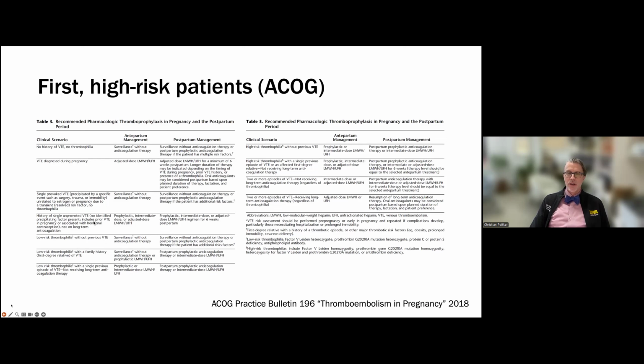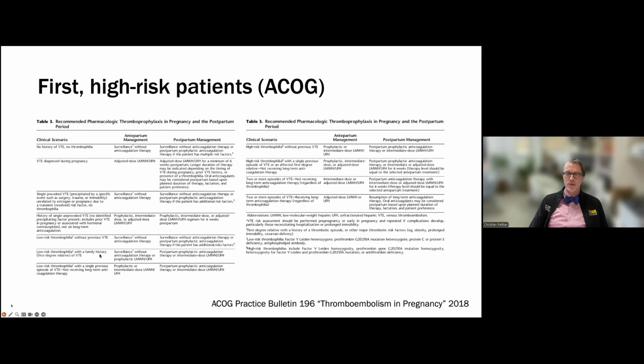You can go through it, and the one that I always like to focus on with this is a patient who has, let me find it here. Where did it go? A patient with a family history of a thrombophilia does not get any special thromboprophylaxis.